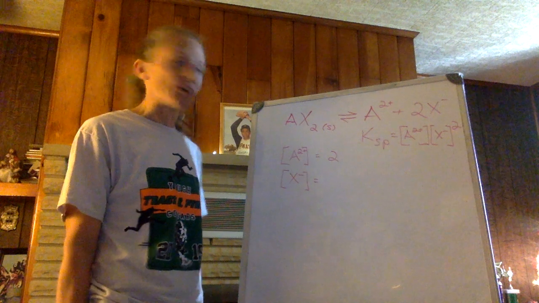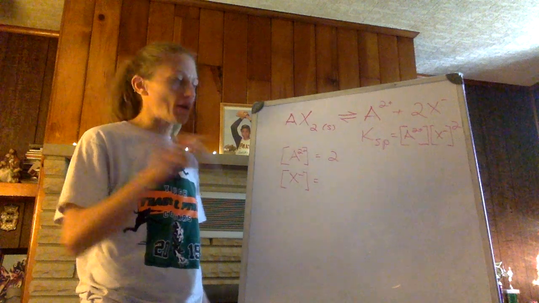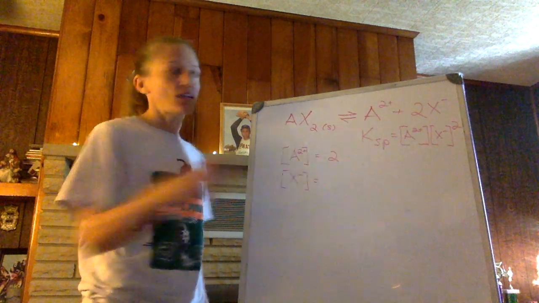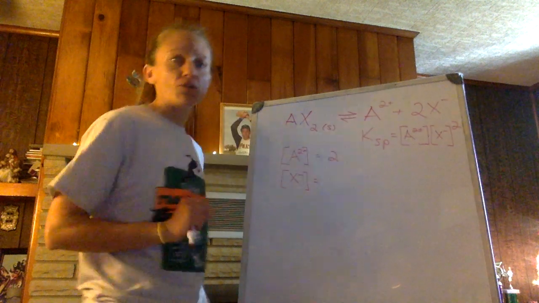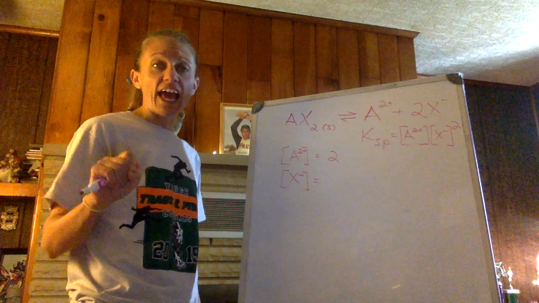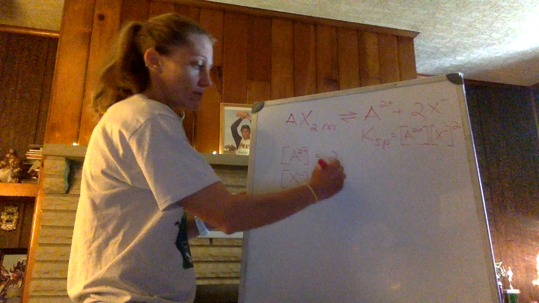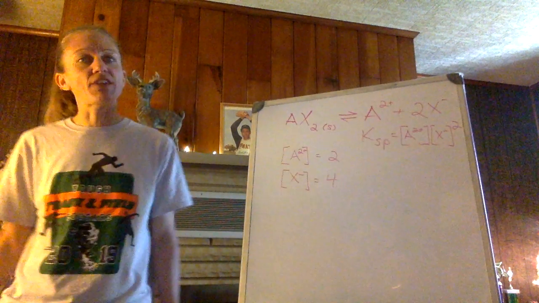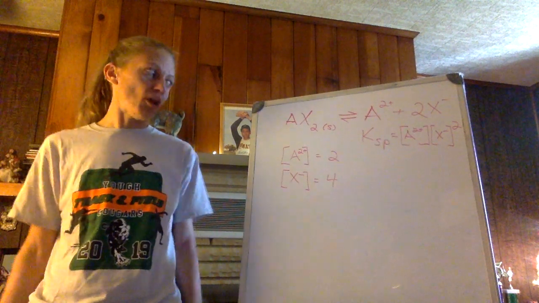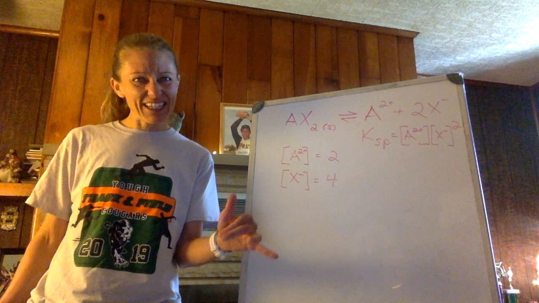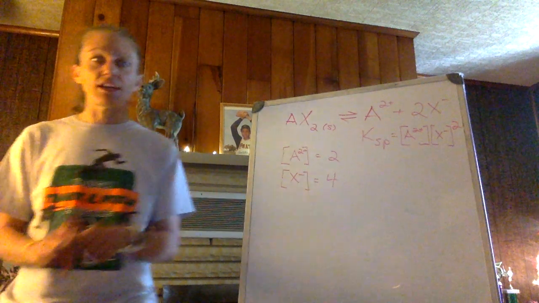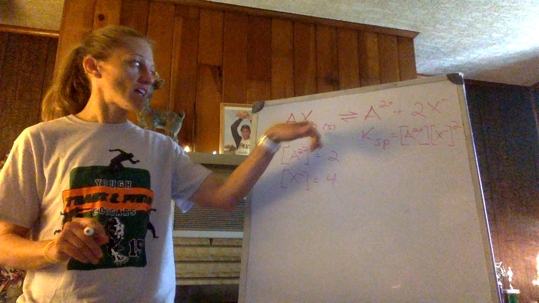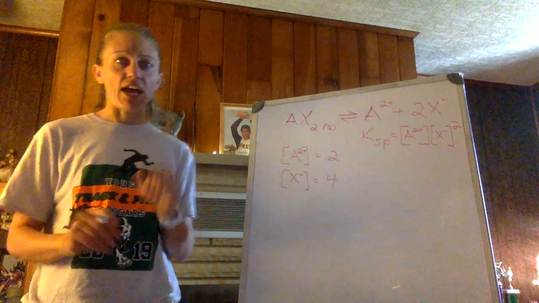What you need to remember for your concentration of X is to multiply it by 2, because for every 1 A, you have 2 X. Be careful with that. It's easy to miss that in a problem. You need to make sure you take into account the fact that I have 2 X to every A.